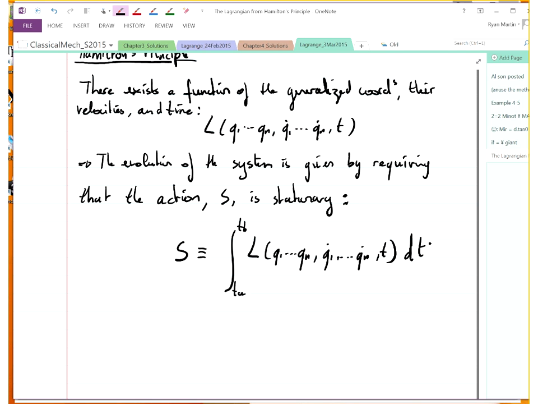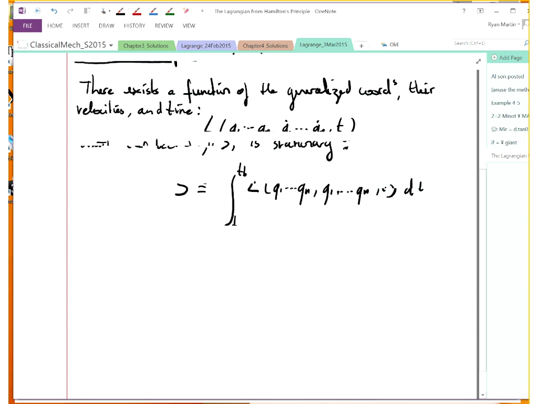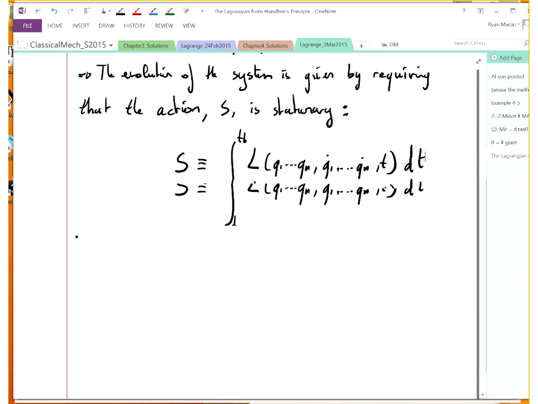Earlier when we came from the Lagrangian, we really worked from D'Alembert's principle. And D'Alembert's principle started off from Newton's second law by saying F minus ma equals 0. Now that we know what answer that gives, we reformulate classical mechanics completely and we say there is some function L. We don't know what that function is, but we know that the evolution of the system must be given by the requirement that the integral of that function over time is stationary.